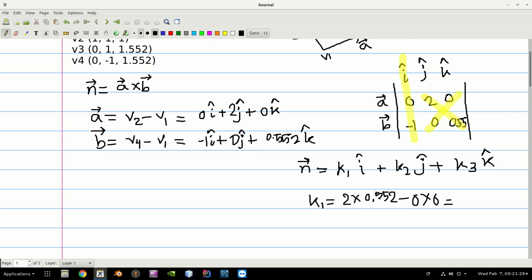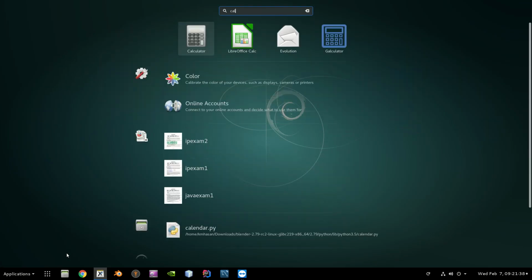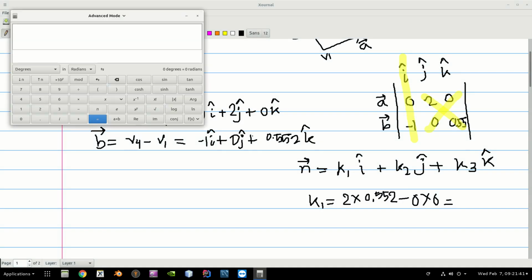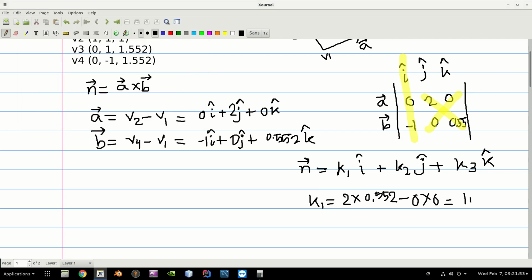So this is going to be 1.104, not 1.14, my mistake. Now we can replace k1 with 1.104.